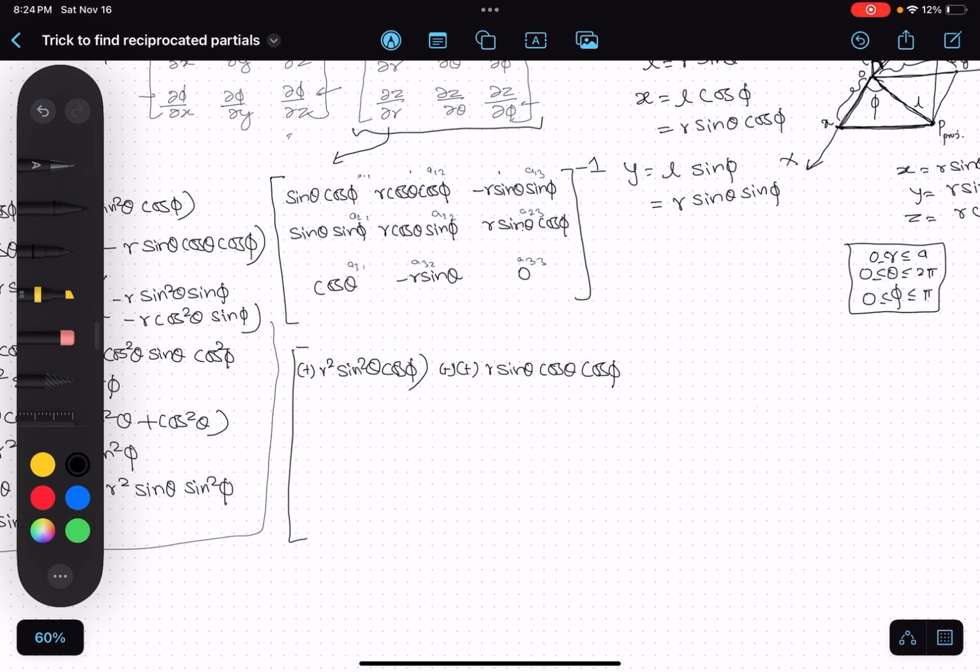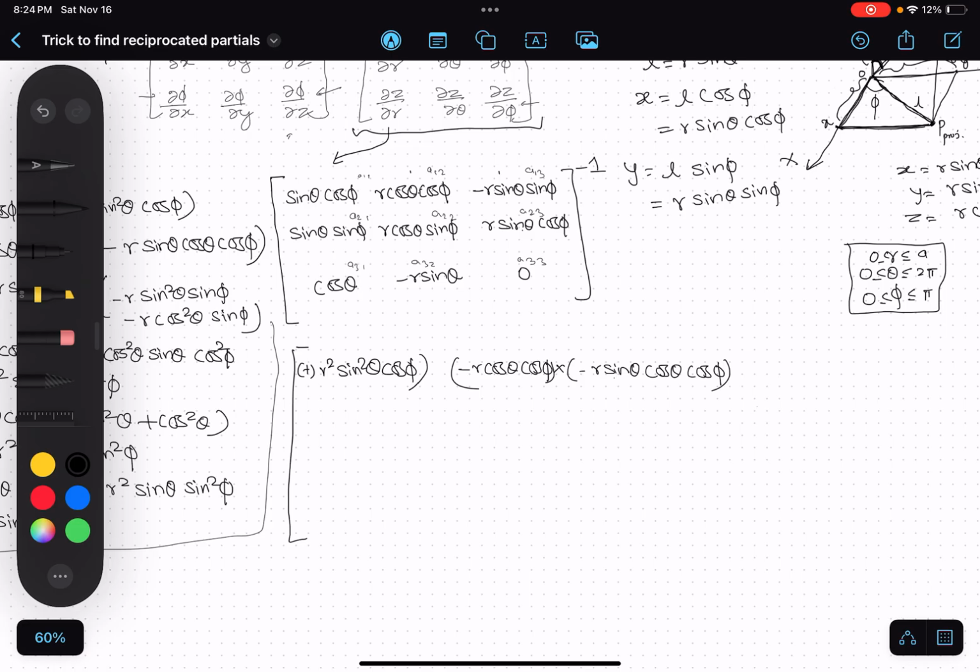Now over here we have minus. Oh wait, I also forgot the thing that was there in the place originally. Okay, so this will now be minus r cos theta cos phi times the determinant, which is minus r sine theta cos phi, right?